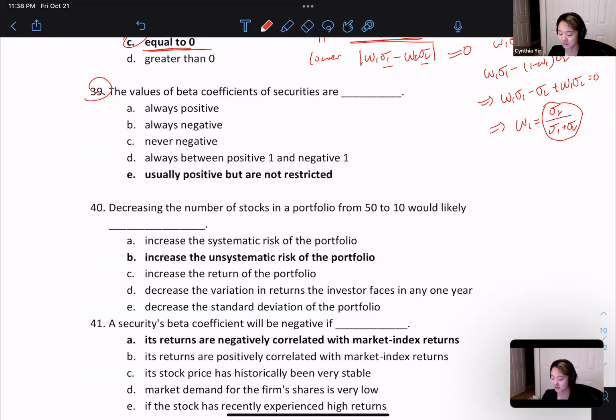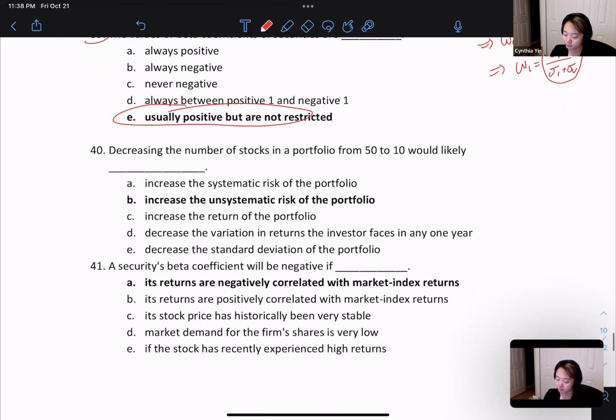No, you can have a beta greater than 1, right? If it's riskier than the market. So just the E. As I said, most of the securities are positively correlated with the aggregate market movement, but there are some insurance or hedge securities which have negative beta.